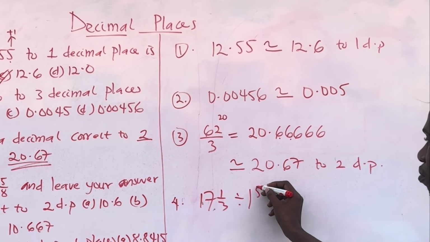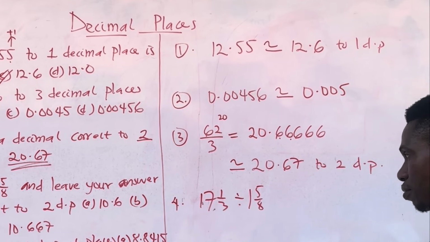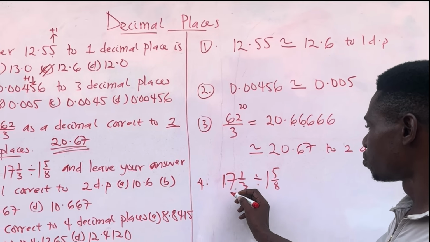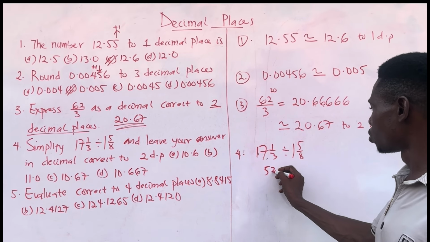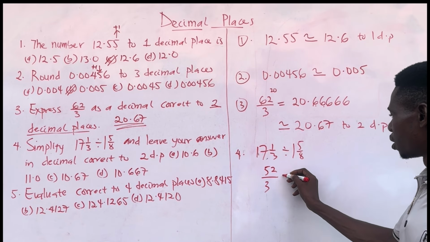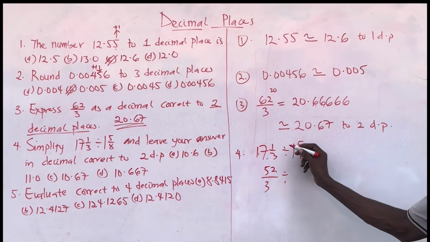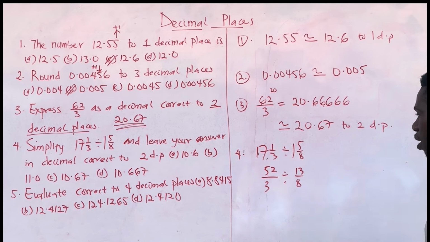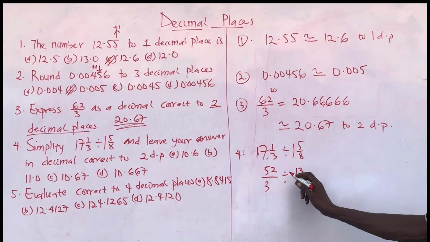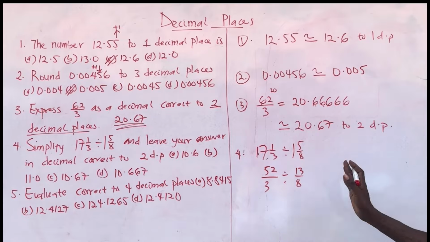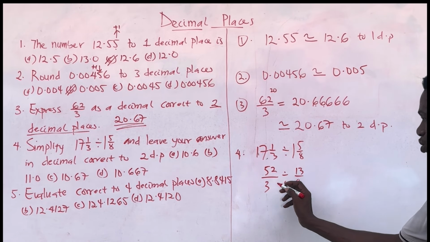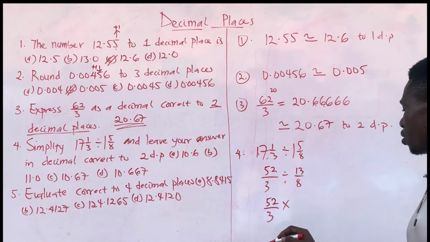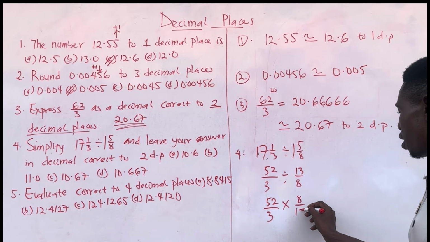So let's break it down quickly. 17 times 3 is 51 plus 1, that's 52 over 3. Then 8 multiplied by 1 is 8 plus 5, that's 13 over 8. And remember, when you change division to multiplication, you take the reciprocal of that on the right hand side. So this gives us 52 over 3, times 8 over 13.